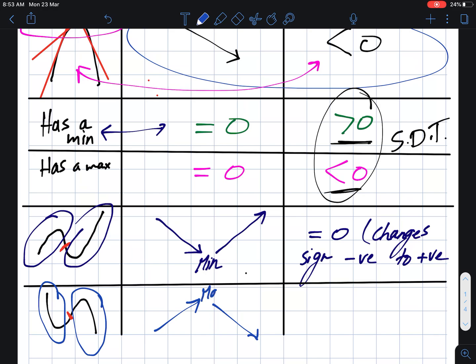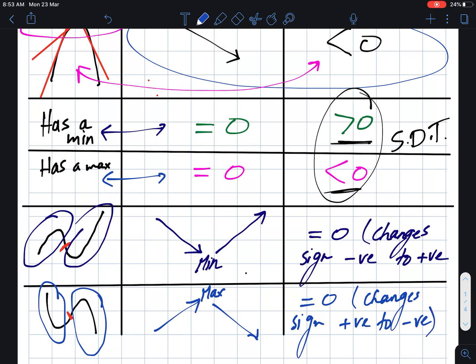In between them, we have a max. Again, if the function has a max, its derivative will be equal to 0. Again, it has to change sign. This time it's going to change sign from positive to negative.